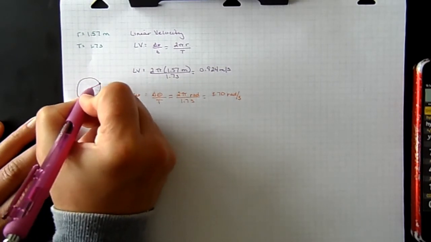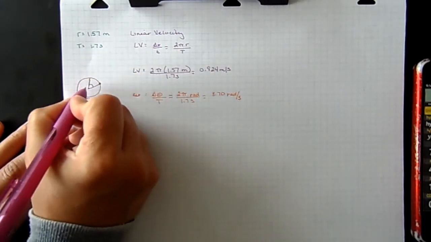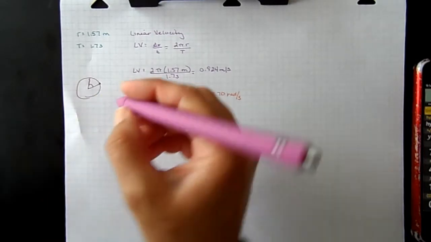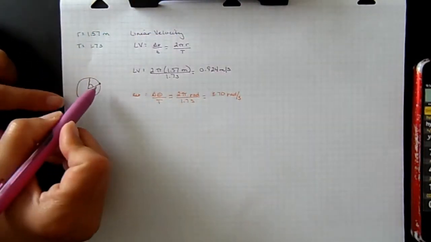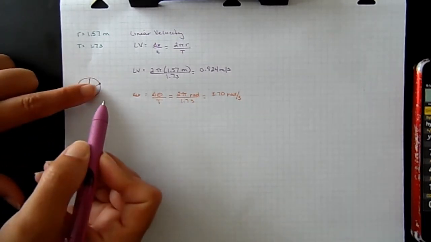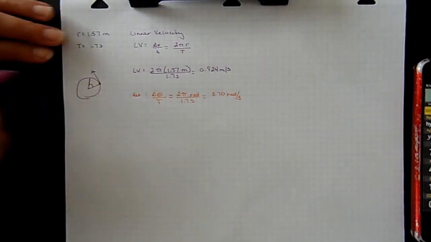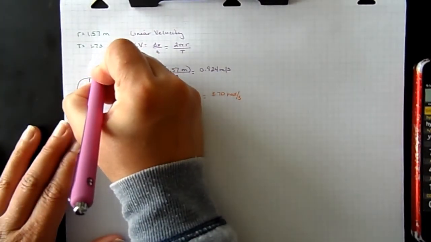The angular velocity is this angle here, right? In this case, we went all the way around. The tangential velocity, if this string were to break and this car would just go off this way, it would go off with some velocity. This is the tangential velocity.